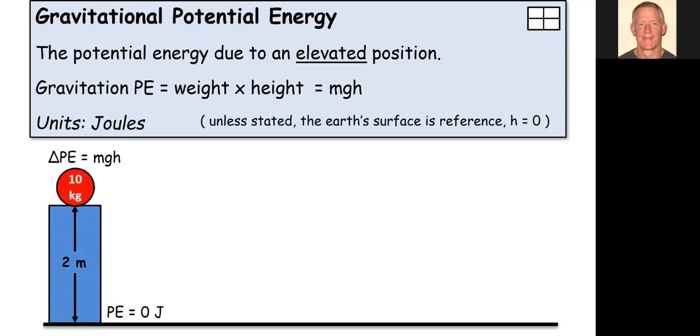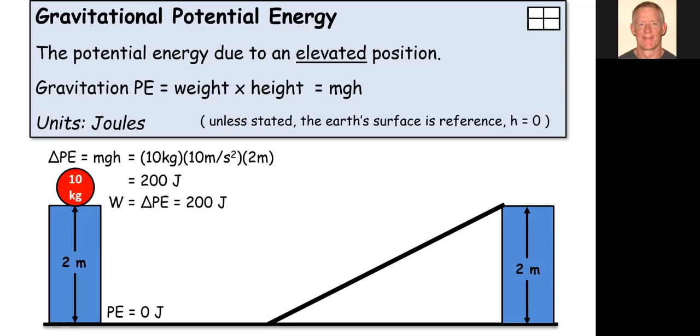So the change of potential energy is going to be mgh. It's mass of 10, the acceleration due to gravity of 10, and the height of 2. So we multiply that together, we get the same result we had on the previous page. 200 joules is the amount by which we increased its potential energy. Since it started at 0, that is the total potential energy that it has at this point, 200 joules.